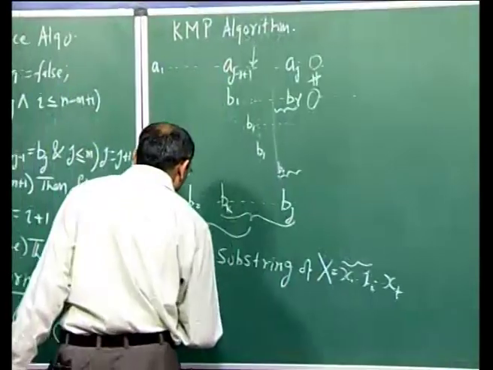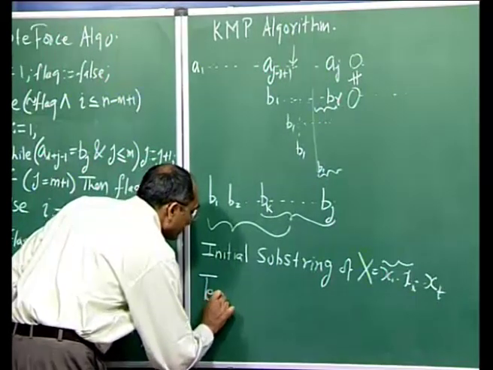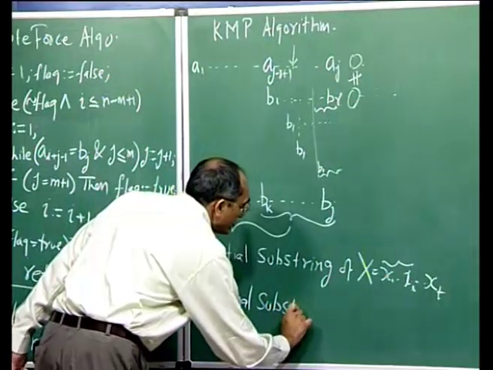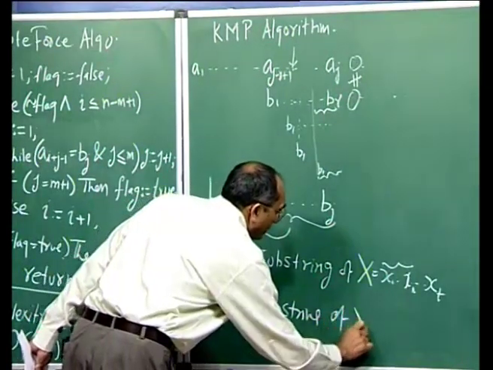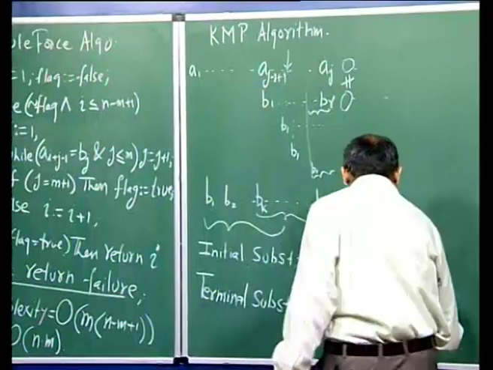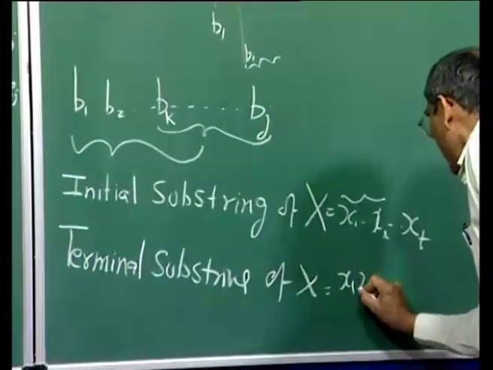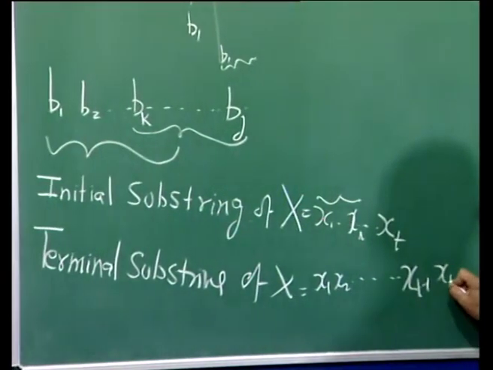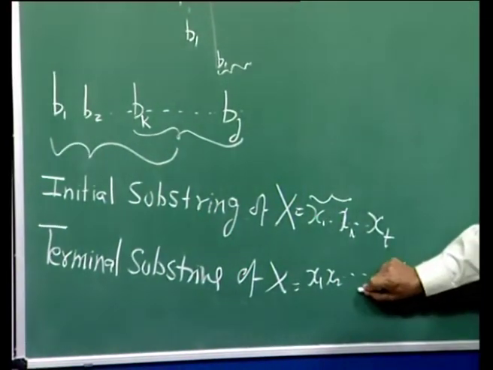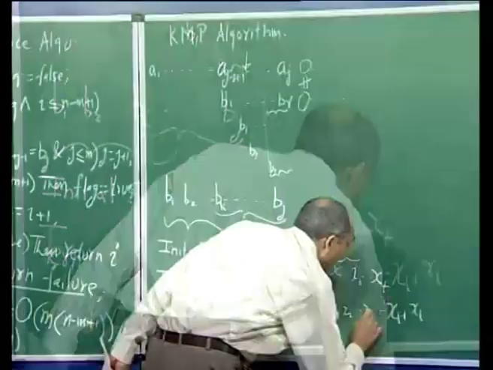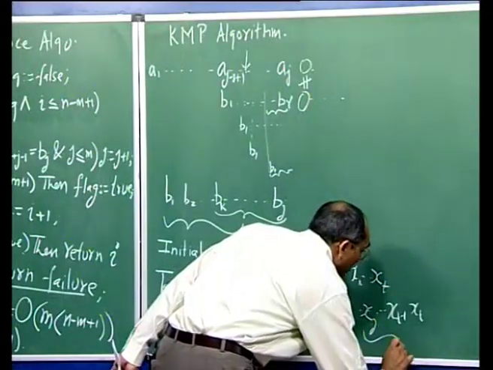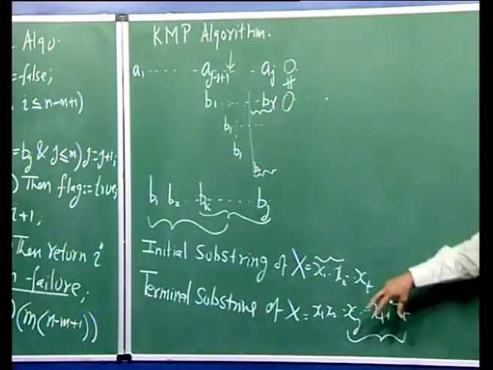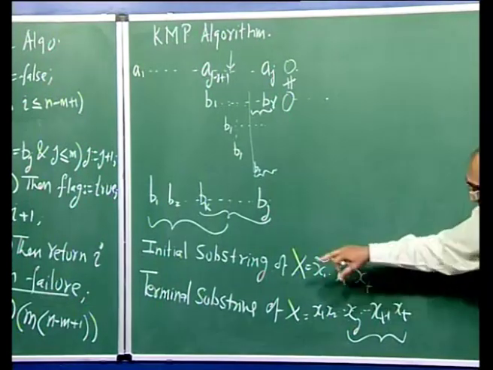Similarly, a terminal substring of x would be a string starting from any xj to xt. This contiguous substring will be called a terminal substring of x.